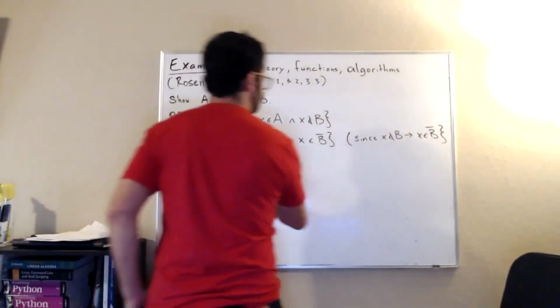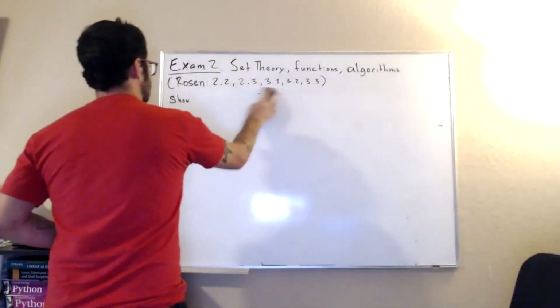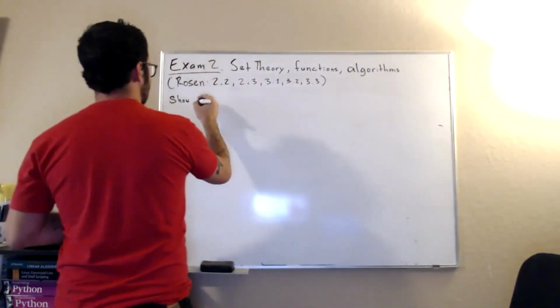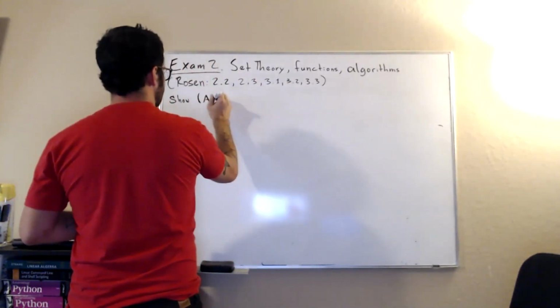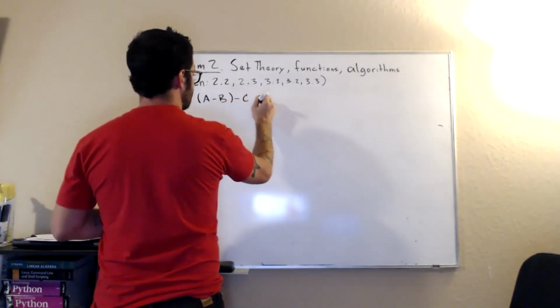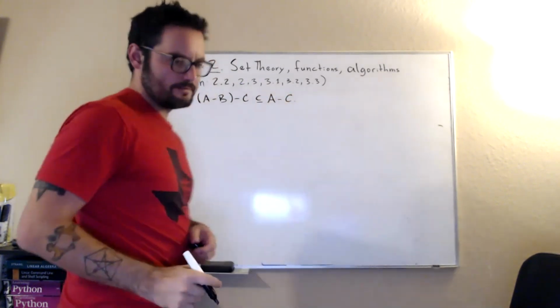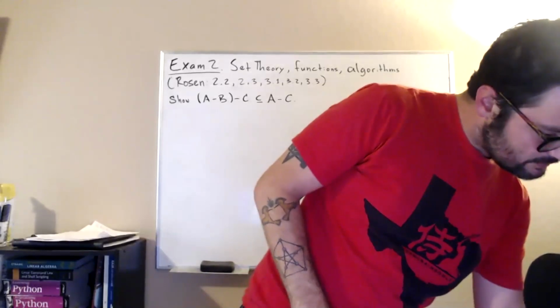Show maybe A set difference B set difference C is a subset of A set difference C. I think that's a problem.